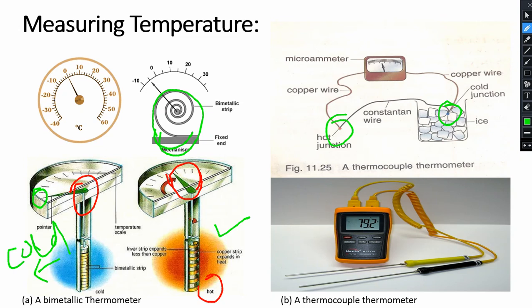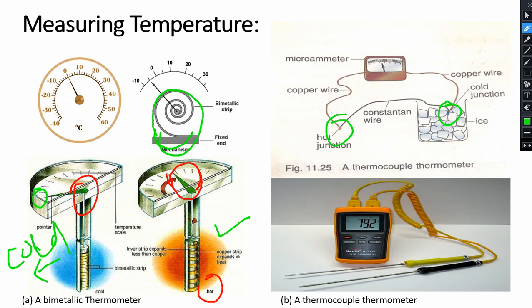One is called the hot junction and the other is called the cold junction. One wire is made of copper, and the constantan wire could be anything, but in most cases it is made from iron.